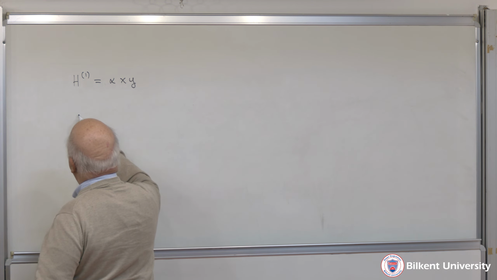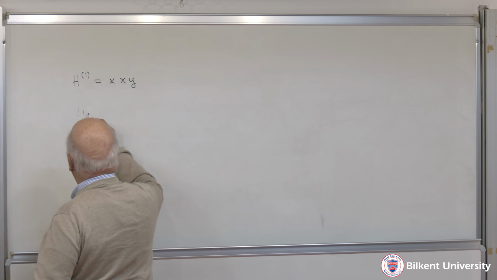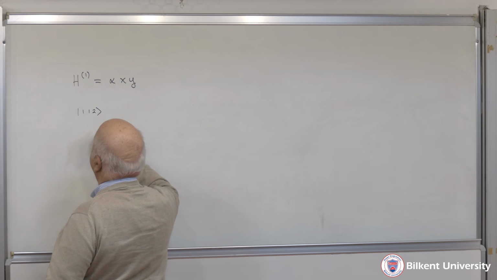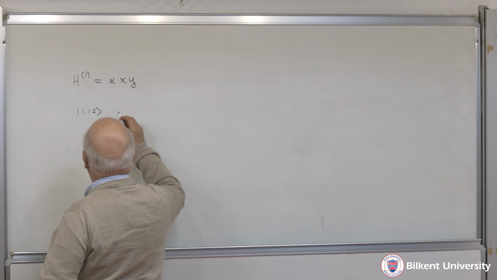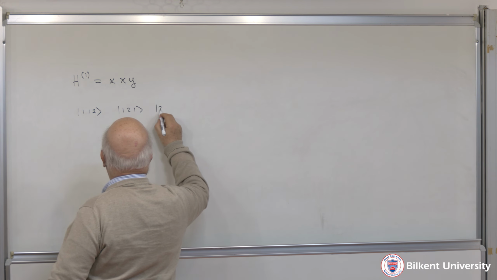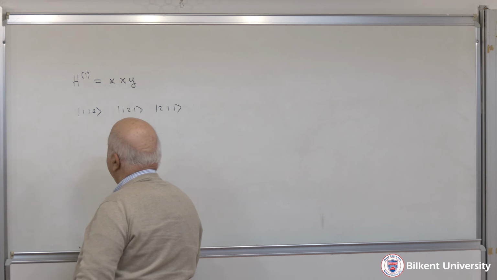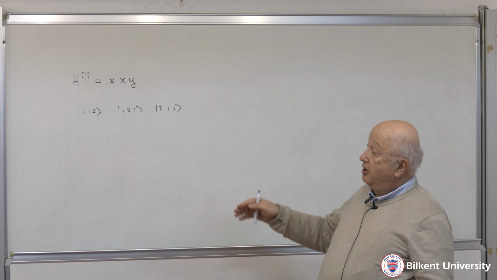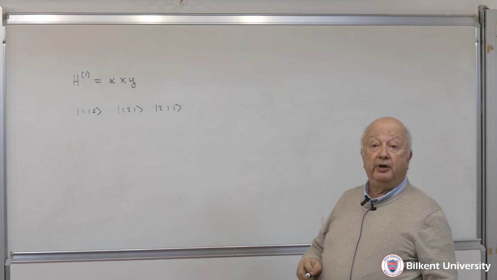I'm going to get something like 1, 1, 2, so that's one of the psi 0 states, 1, 2, 1, and 2, 1, 1. So these are the unperturbed states which are degenerate.